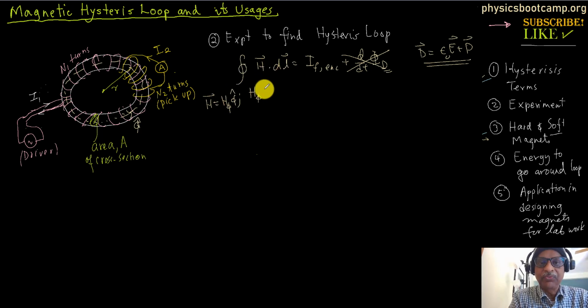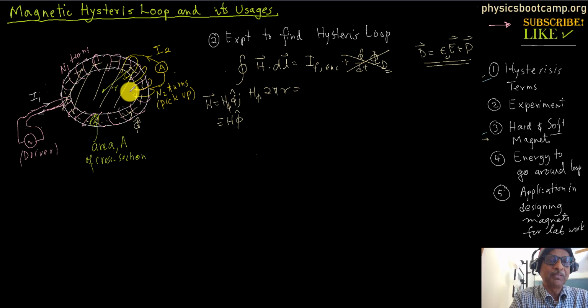So this field will be just in the phi hat direction, that will make H times 2 pi r, because this is the entire thing, there's nothing more based on our observation here. So 2 pi r H equals what's the current going through, cutting this area?